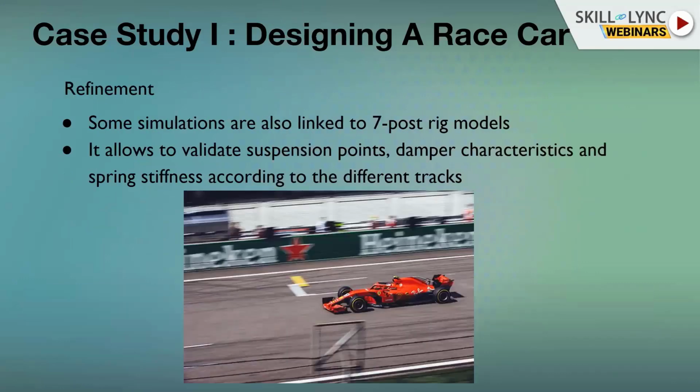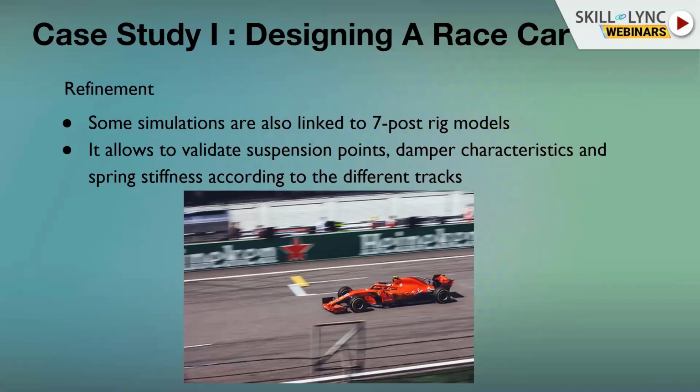Finally, and it's more with high budget teams, you can also link your lap time simulation and your models with 7 post-rig models. For those who don't know what a 7 post-rig is, it basically reproduces the surface of the track on your car.